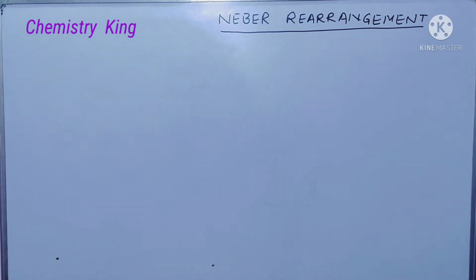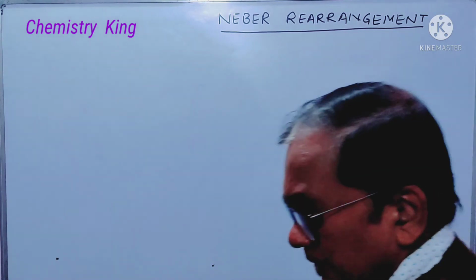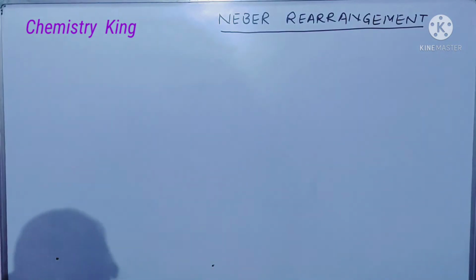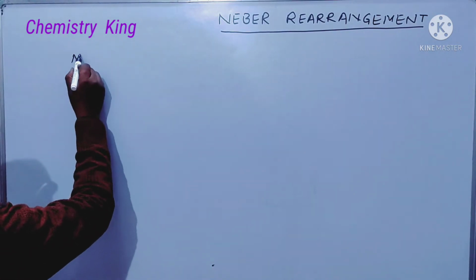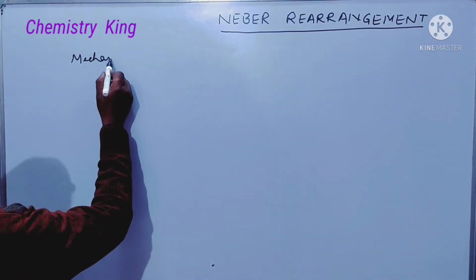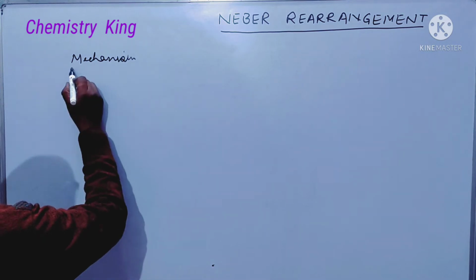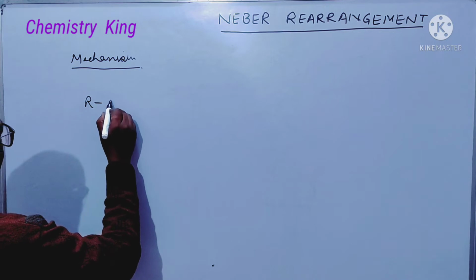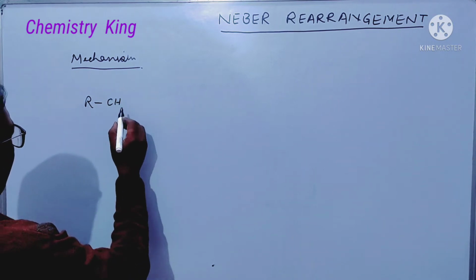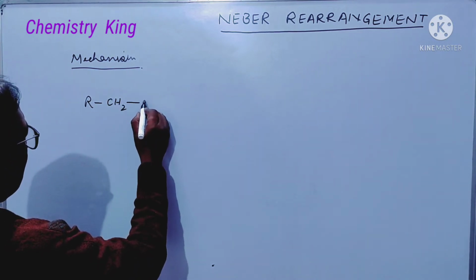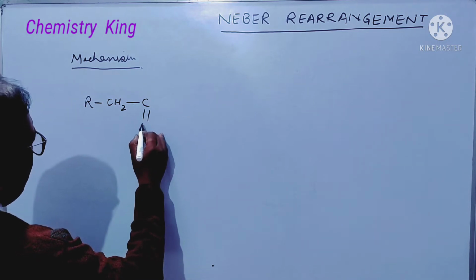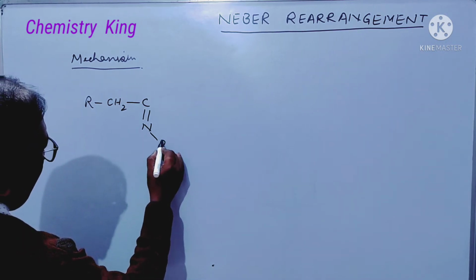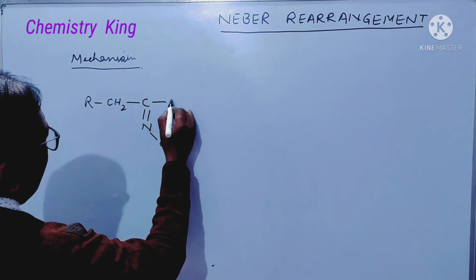Now, we will see the mechanism. RCH2 C double bond N OTs R dash.